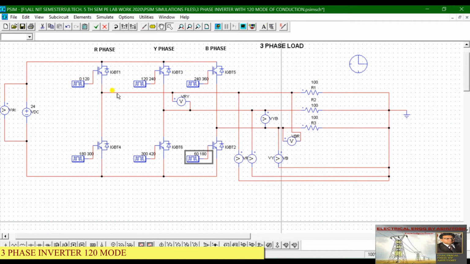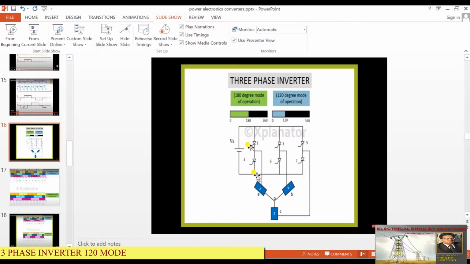Here you can see this is IGBT 1 in the first leg. IGBT 1 and IGBT 4 are connected in the first leg, IGBTs 3 and 6 in the second leg, and IGBTs 5 and 2 in the third leg.